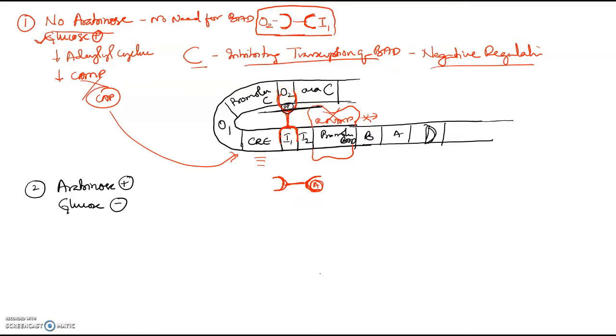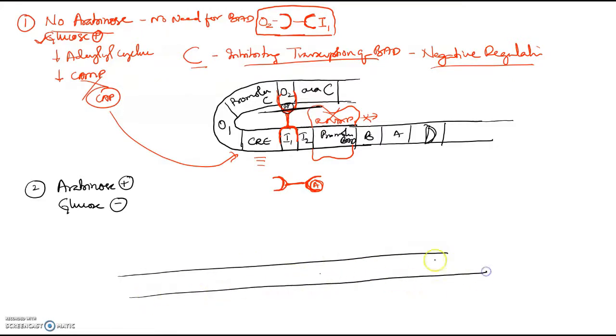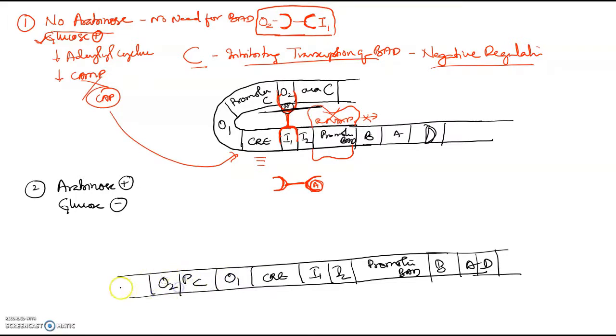Once this part is released, the DNA again will become straight. It will have these three BAD genes. Then there is a promoter for BAD, then there is I1, I2, then this CRE region, then O1, promoter C, O2 and RRC.